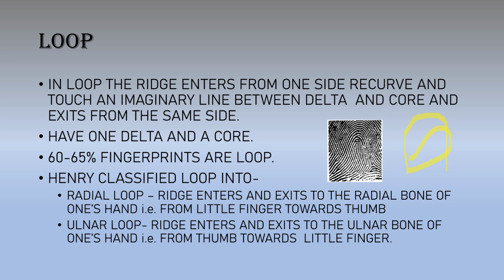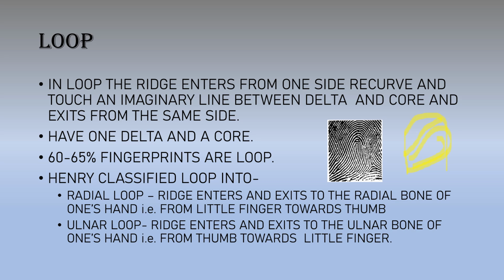There are more ridges like this all around, and also ridges in between. The loop is the most common, found in about 60 to 65% of the fingerprints in humans.